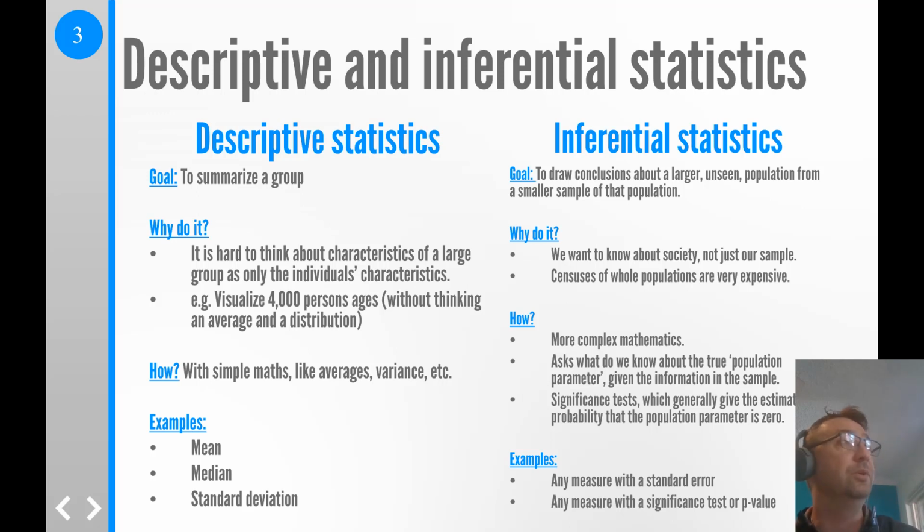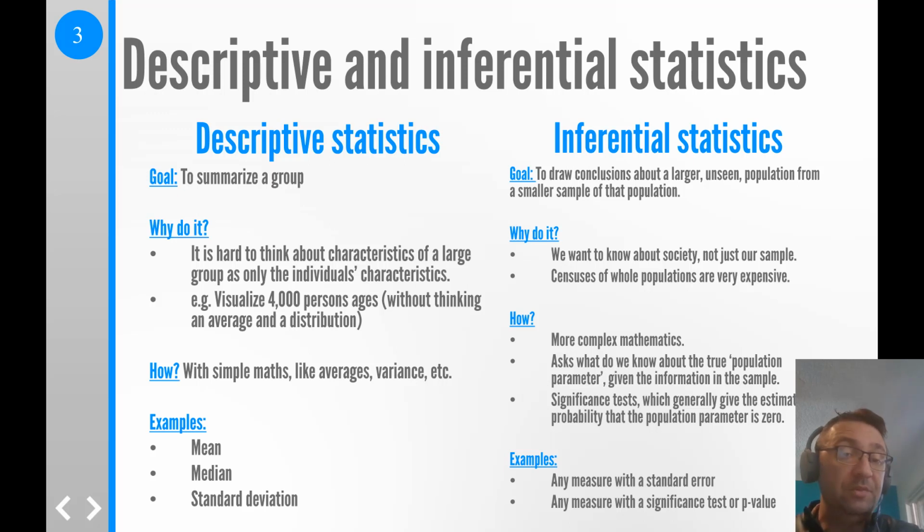It's just impossible. Even for 25 people, it's very hard to hold in your head the ages of 25 members of a group or 100 members of a group, and to think about them all at the one time. You can for a family of 5 people, but you can't for numbers over about 10.